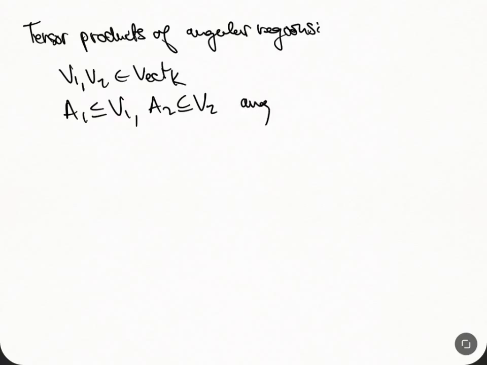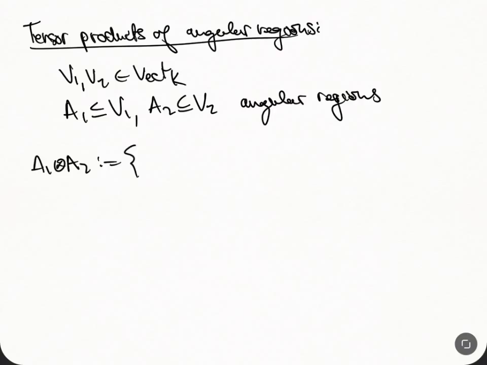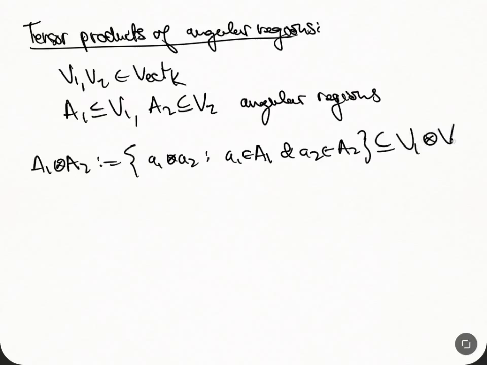These are going to be angular regions. Maybe I can underline this. Then we'll define A1 tensor A2. This will be the set of a1 tensor a2, where a1 is in A1 and a2 is in A2. And this will be, of course, contained in the tensor product of these two.